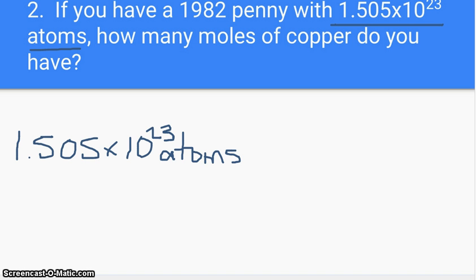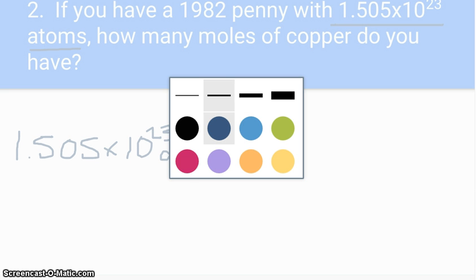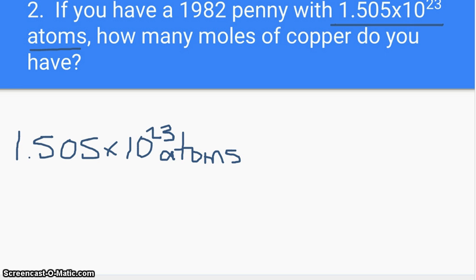Next thing we need to figure out is what are we trying to get to? What unit do we want to convert this into? So let's look through our problem. We want to know how many moles of copper that is. Now I'm fairly confident that most of you have not seen this term, a mole, in terms of science or chemistry. We're not talking the furry creature.